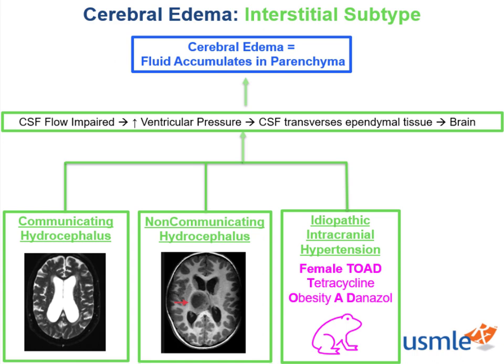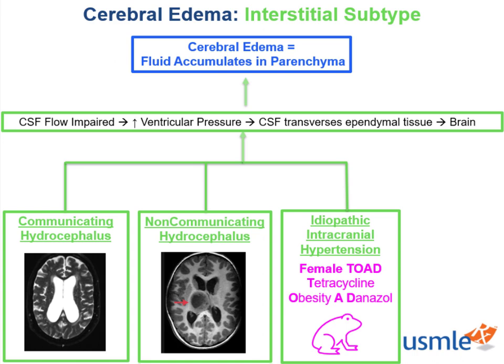However, there is no tumor present, hence pseudotumor cerebri. Regardless, idiopathic intracranial hypertension is caused by a mismatch between CSF production and reabsorption, with associations being best remembered with the female toad mnemonic. The classic patient to develop idiopathic intracranial hypertension is an obese female, especially one taking tetracyclines, vitamin A supplements, or danazol.